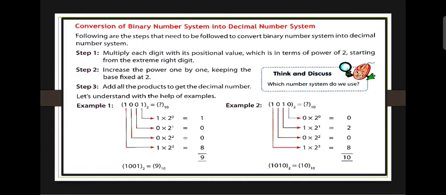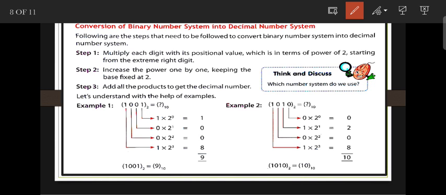Next is conversion of the binary number system into the decimal number system. The previous one was decimal into binary, and now binary to decimal. For example, 1001 is a binary number, and we need to convert it into the decimal number system, which has base 10.